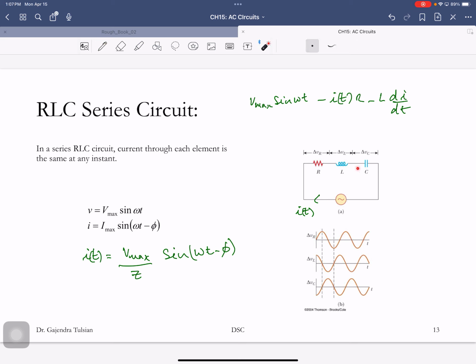And when you go across the capacitor, it's minus Q(t)/C. And that's equal to 0. And I(t) is dq/dt, so this is dq/dt, and this is d squared q/dt squared. So this is a second order differential equation that you would have to solve. You would solve for q(t), and then get it from there.